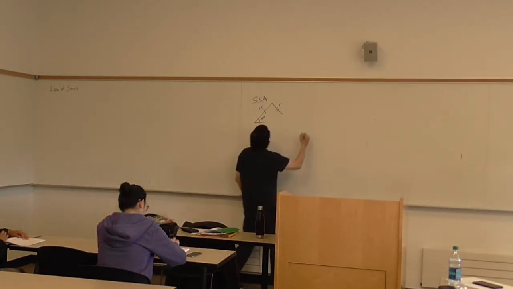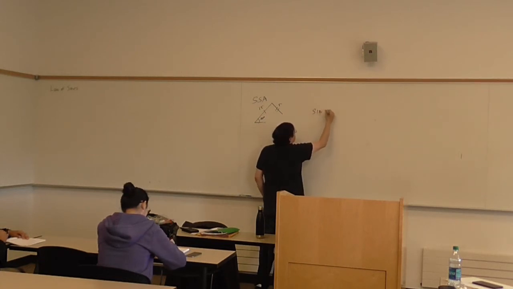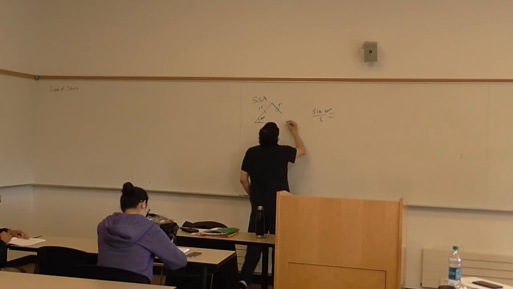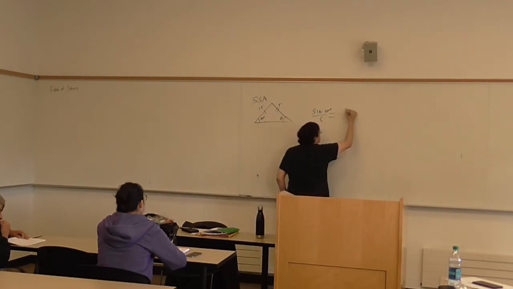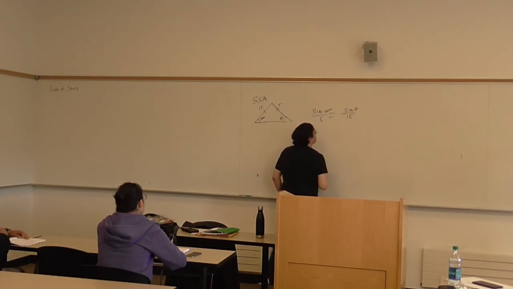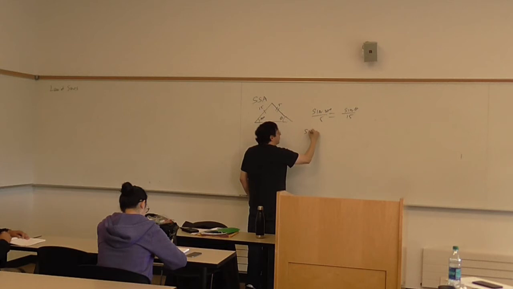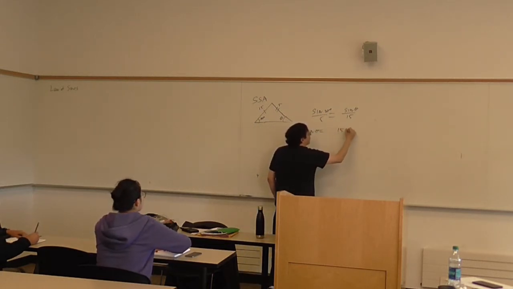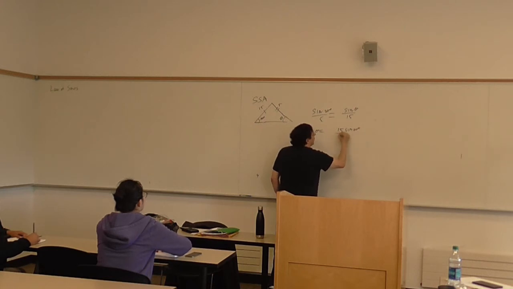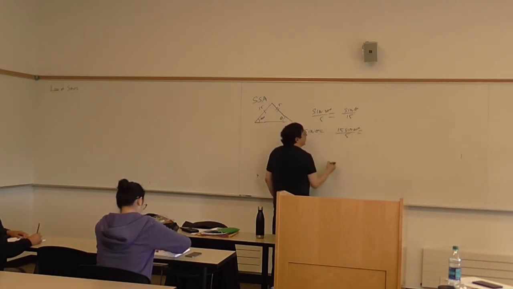So we know that sine of 30 degrees over 5 is going to be the sine of this angle theta over 15, right? So again, sine of theta equals what? 15 sine of 30 degrees over 5.